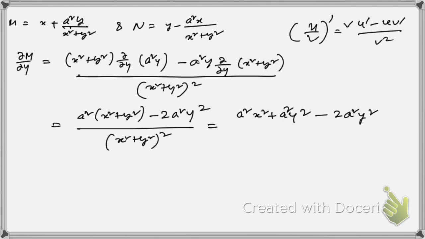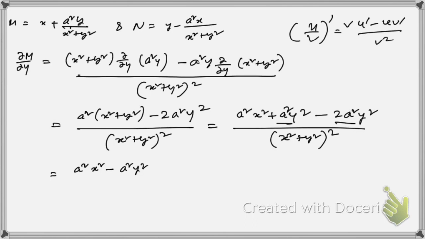So you will get x square plus y square whole square. Now if you subtract these two, you're going to get a square x square minus a square y square divided by x square plus y square whole square.